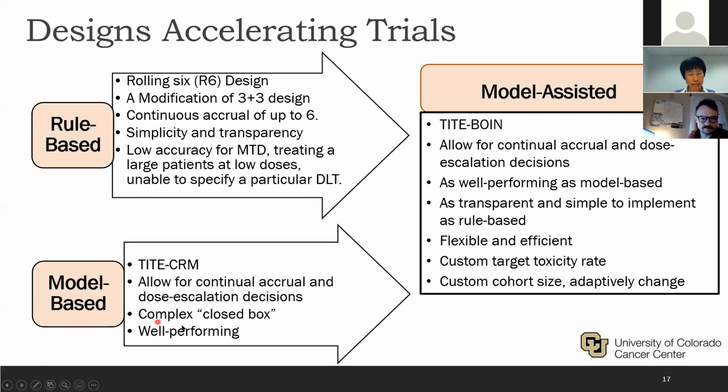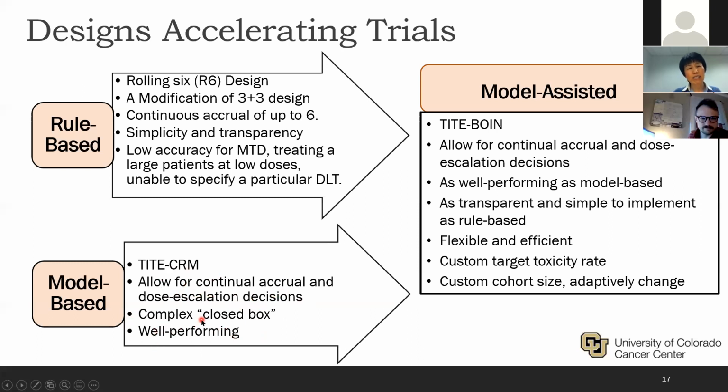The model-based design, time-to-event CRM, is an example which allows for continual accrual and dose escalation decisions. It performs well, just like the CRM design, as it's built upon the CRM.